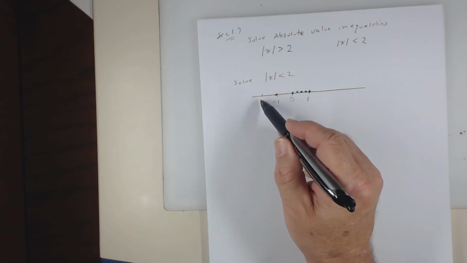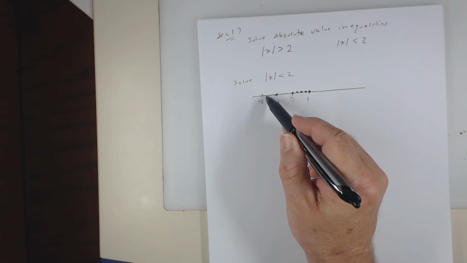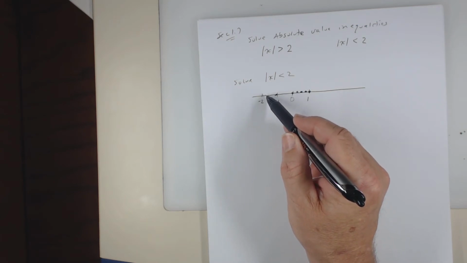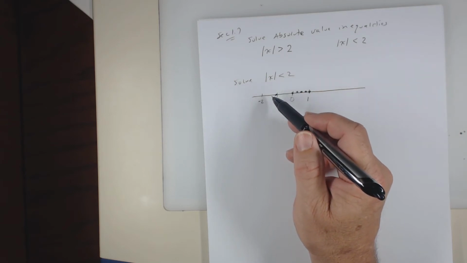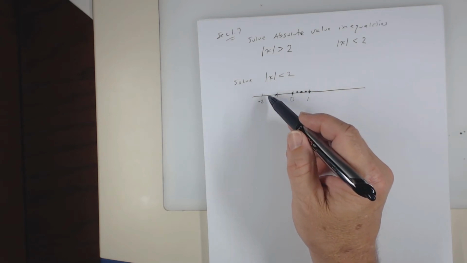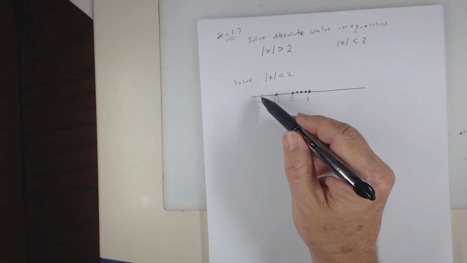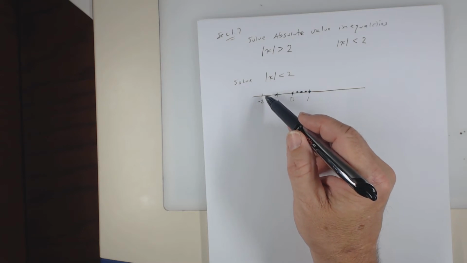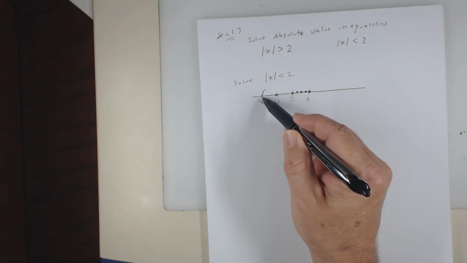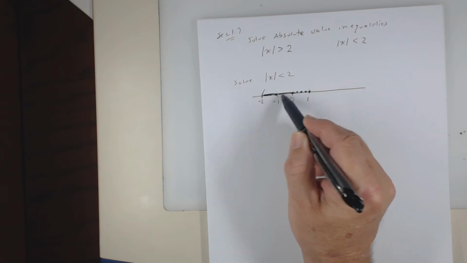In fact, if I go all the way down to -2, let's say -1.9. Is -1.9 a solution? What about -1.99999? So anything all the way down to what? -2. But since there's no equal sign, I'm going to use what here? Parentheses. So I'm shading everything.